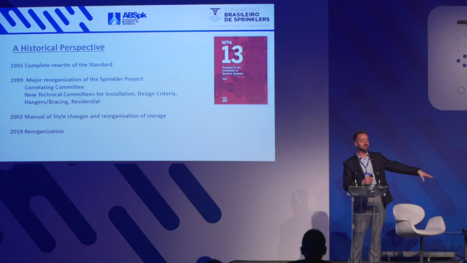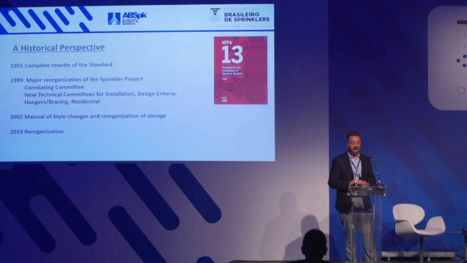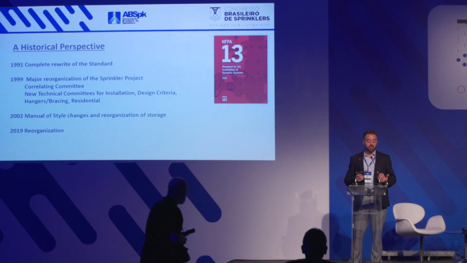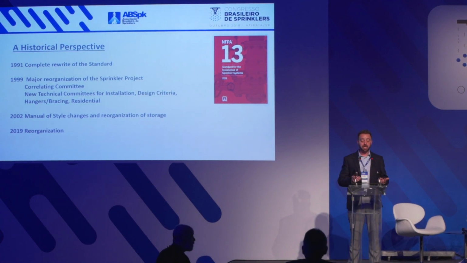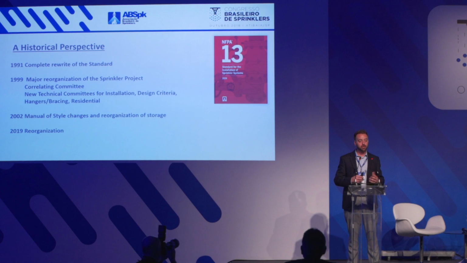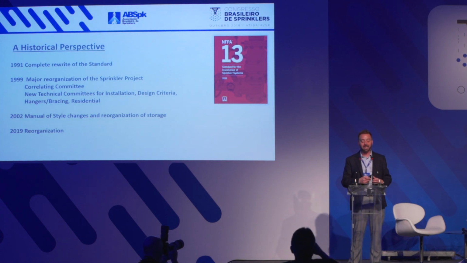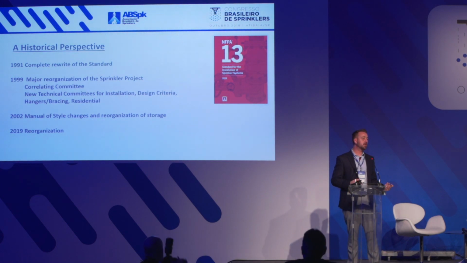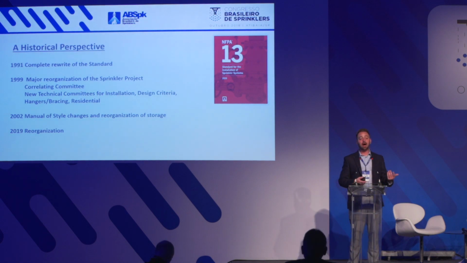But then it was added into NFPA 13 in 1999. In 2002, a manual of style changes and reorganization of the storage chapters that were brought in back in 99 was done. And now coming to 2019, we're going to completely have a revision of NFPA 13 that we're going to be looking at.